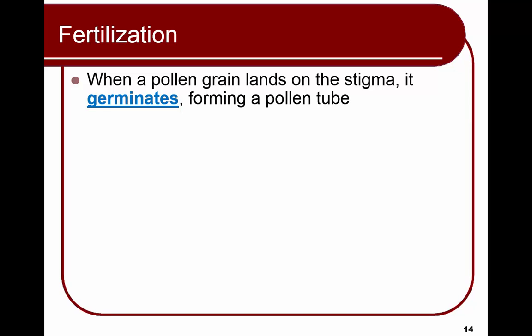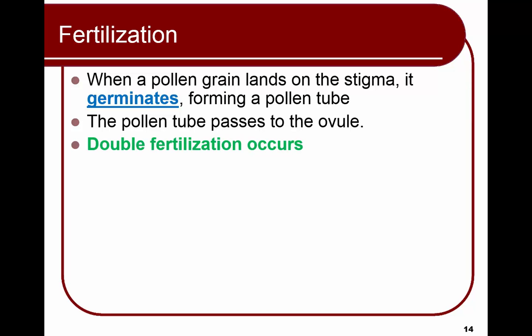Now, fertilization is when the pollen grain lands on the stigma, it germinates and it forms that pollen tube I mentioned a while ago. And that pollen tube grows down to the ovule, and it goes through the pore in the ovule called the micropyle. And double fertilization happens. I told you we'd talk about this.